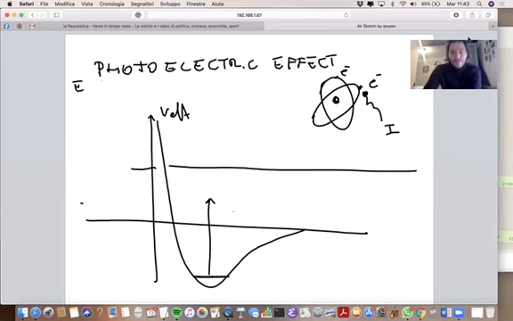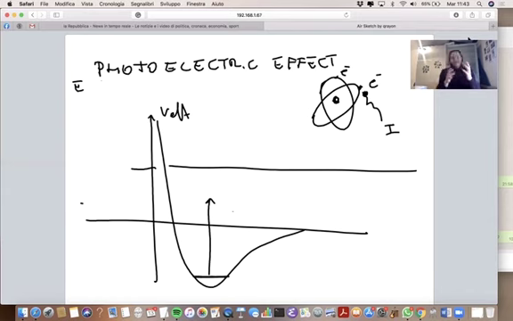However, when people began operating with monochromatic light, they began to understand that this was not what was happening. Some frequencies of light, some colors, were not resulting in any electron being emitted.